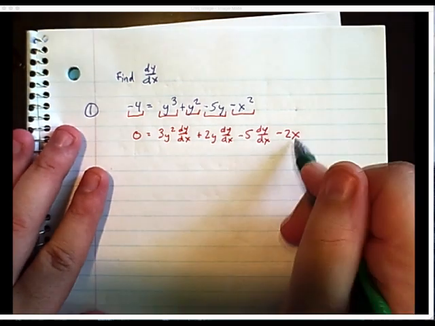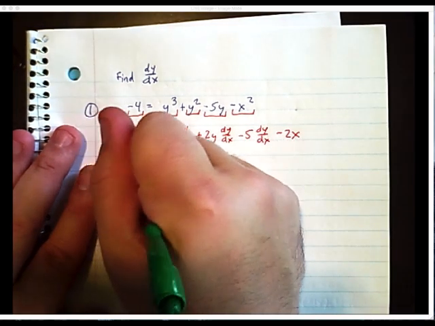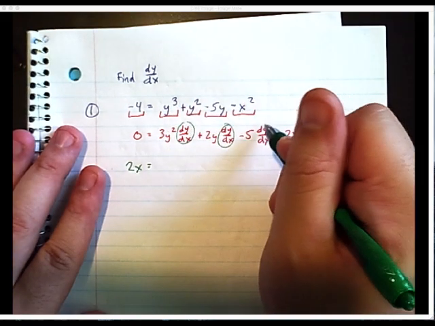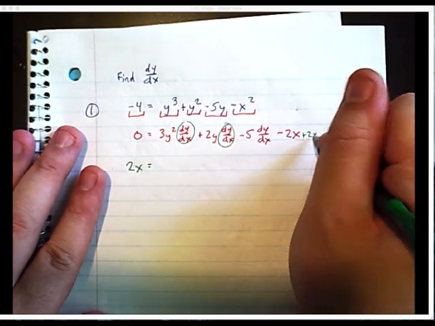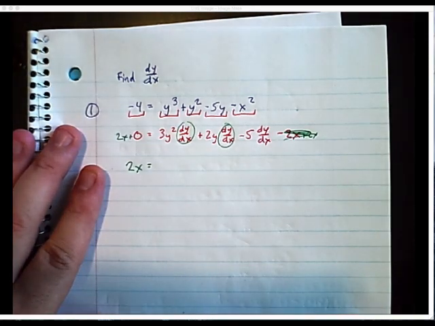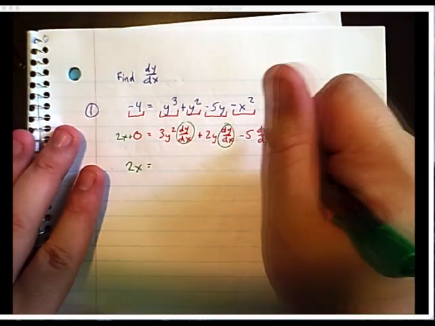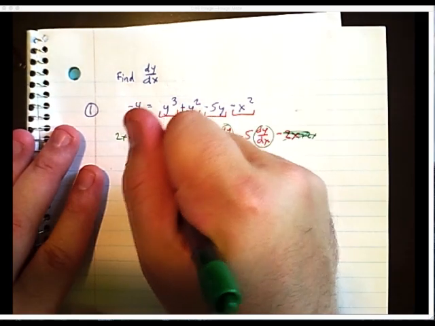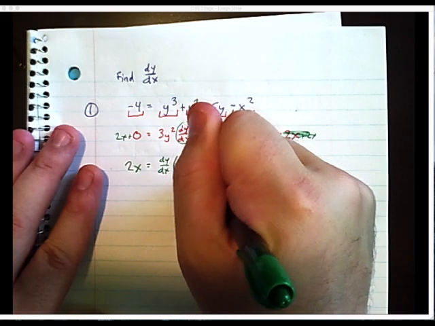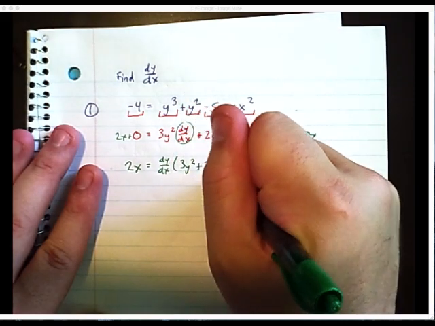Okay. So we could add 2x to both sides. And then we could factor out. I've added 2x to that side, I've added 2x to that side, so those go away. I could factor out the dy over dx. Then I have 3y squared plus 2y minus 5.